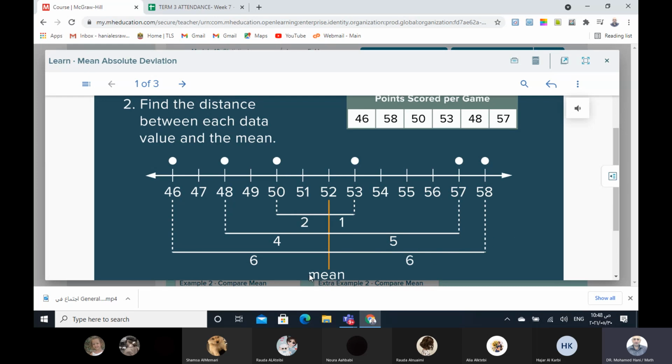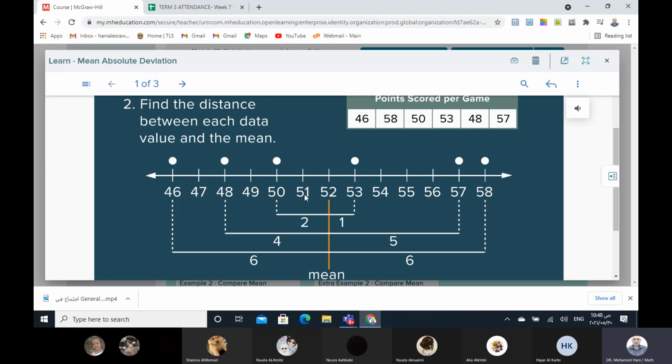So as you see, the distance will be the distance between the mean and each value. For example, here we have the mean 52, and the distance between the mean and the first value, 1, 2, 3, 4, 5, 6, will be 6. And the distance between the mean and the second value will be 1, 2, 3, 4.